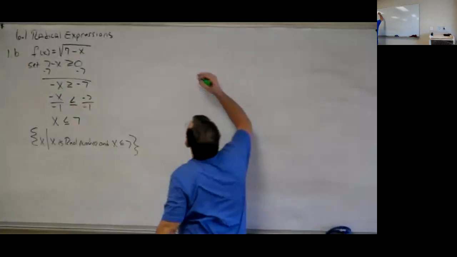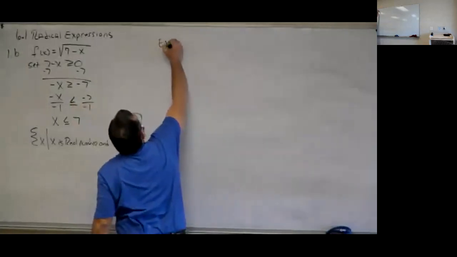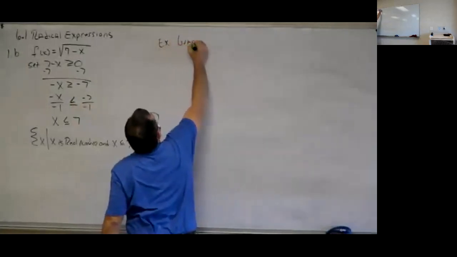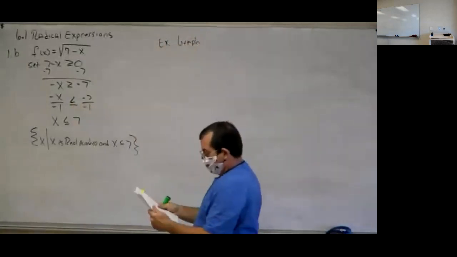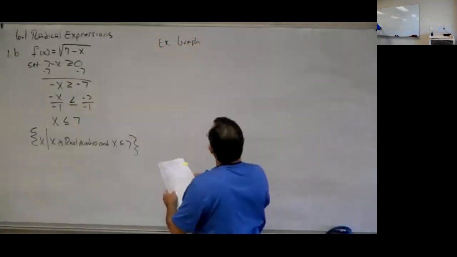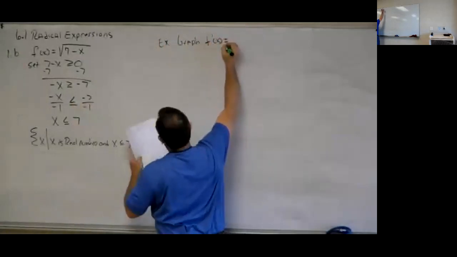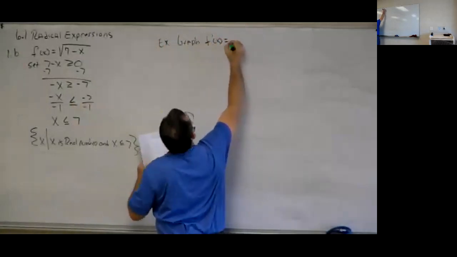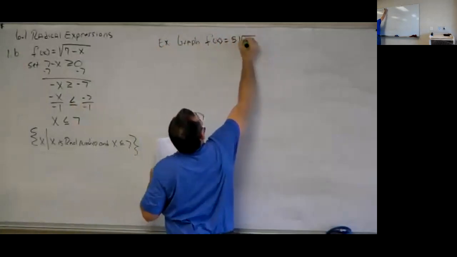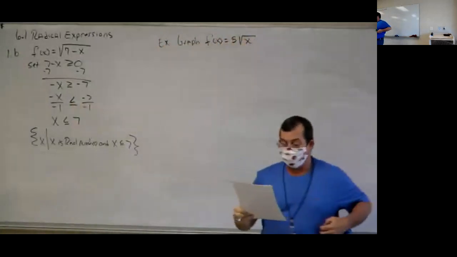All right, then they want us to start to graph some of these. All right, so I'll graph f of x equals 5 times square root of x.